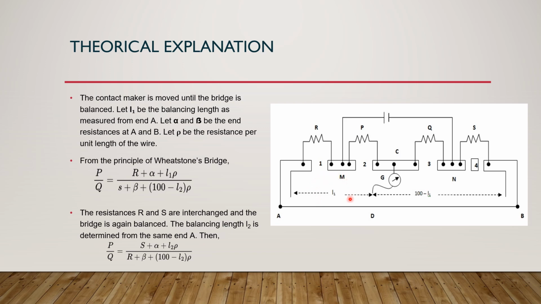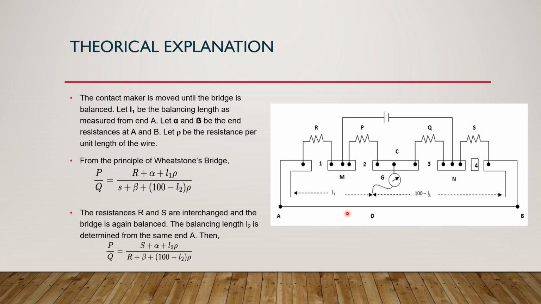Let L1 be the balancing length as measured from the end A. Let alpha and beta be the end resistances at A and B. Let rho be the resistance per meter length of the wire.